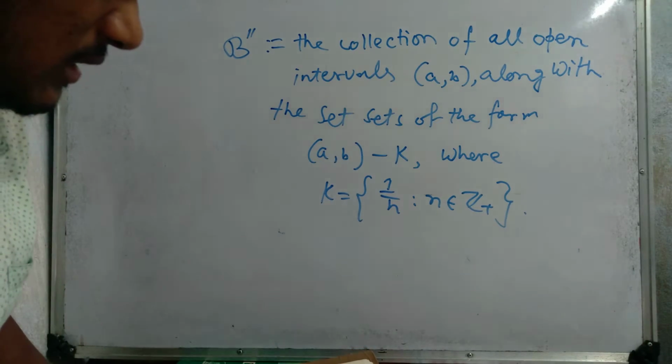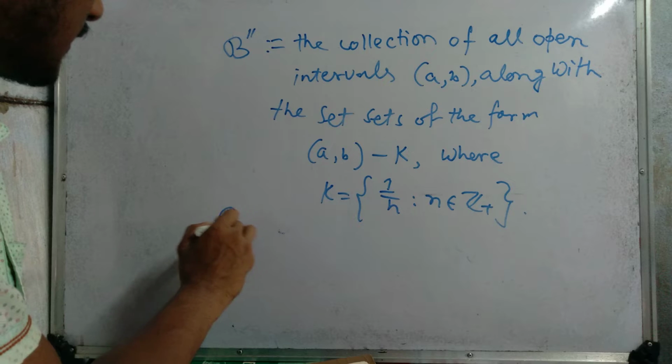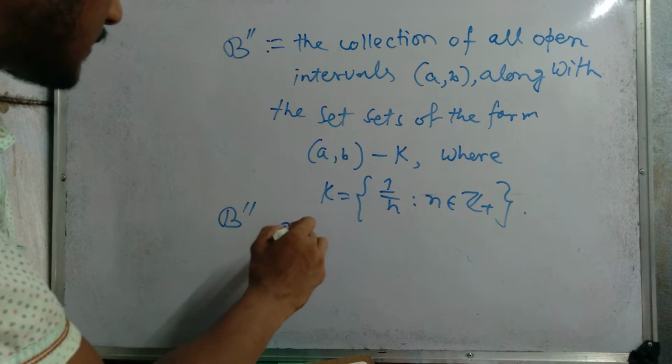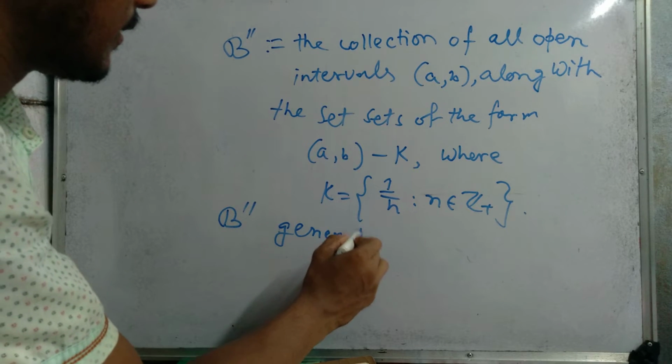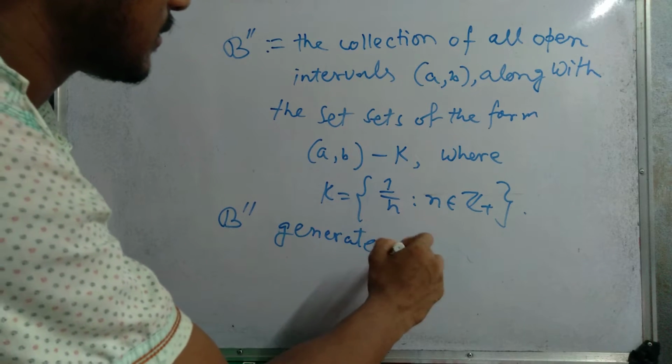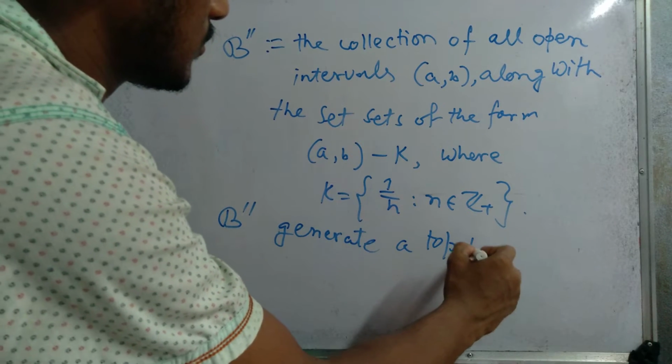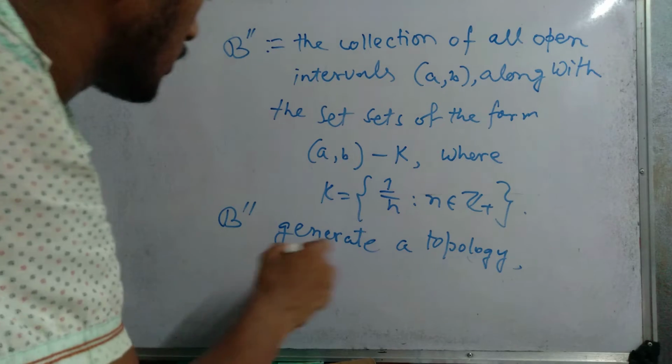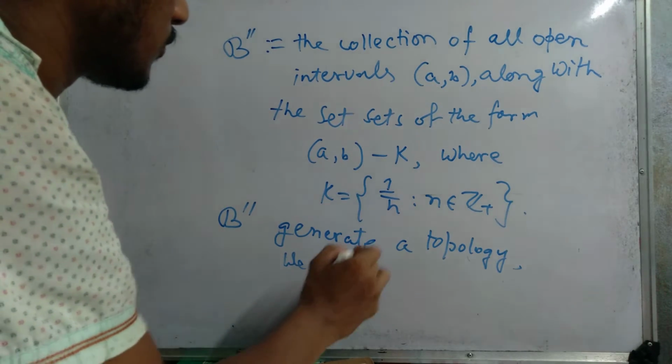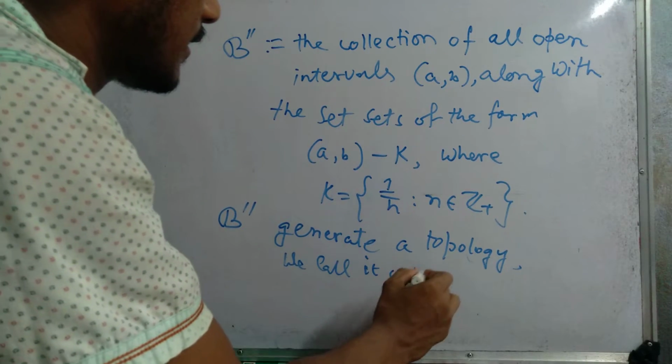Then this beta double dash generates a topology, and we call it the K topology.